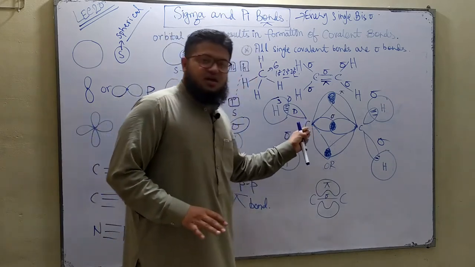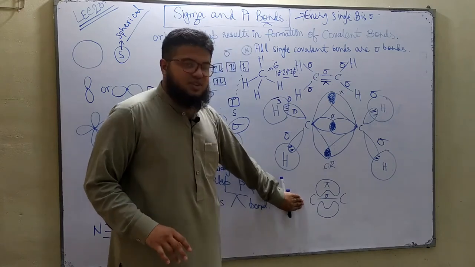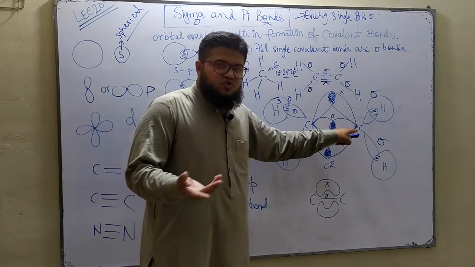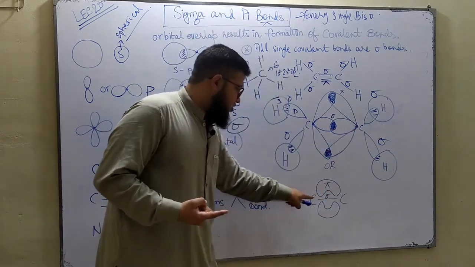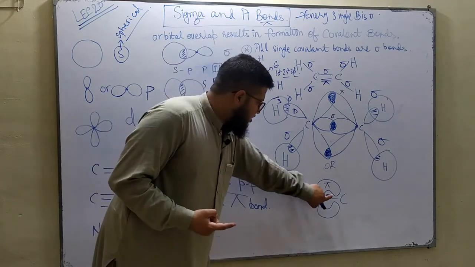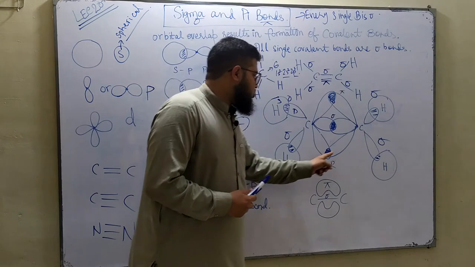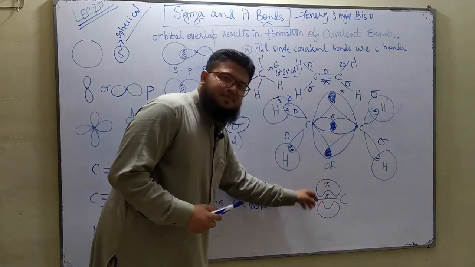And this same thing can also be represented using this notation. This carbon-carbon sigma bond, since we know it's a single covalent bond, can be represented by a single bond over here. I have labeled it as sigma bond. Whereas the pi bond on top and at the bottom can be represented by two kidneys above and below.